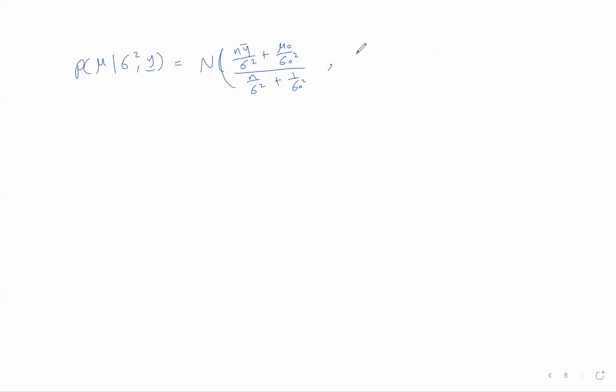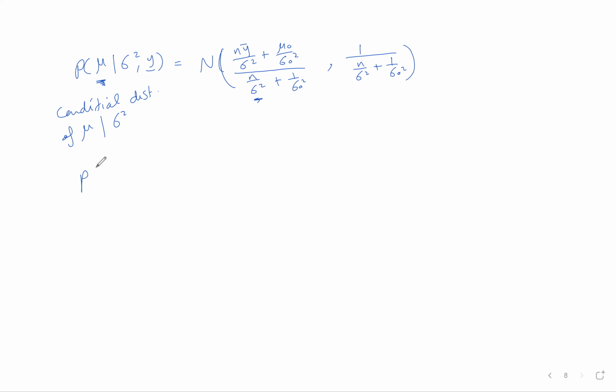And the variance is 1 divided by (n tau square, which is n divided by sigma square, plus tau 0 square, which is 1 divided by sigma 0 square). I write it down in terms of sigma 0 square and sigma square to show that the posterior distribution of mu depends on sigma square. So this is why we call this one the conditional distribution of mu given sigma square.